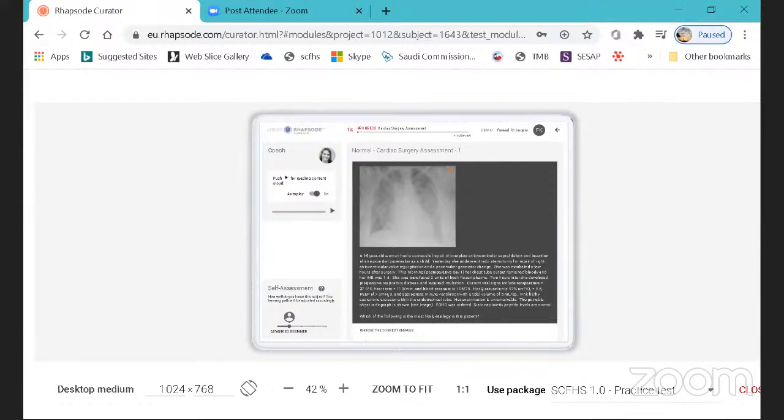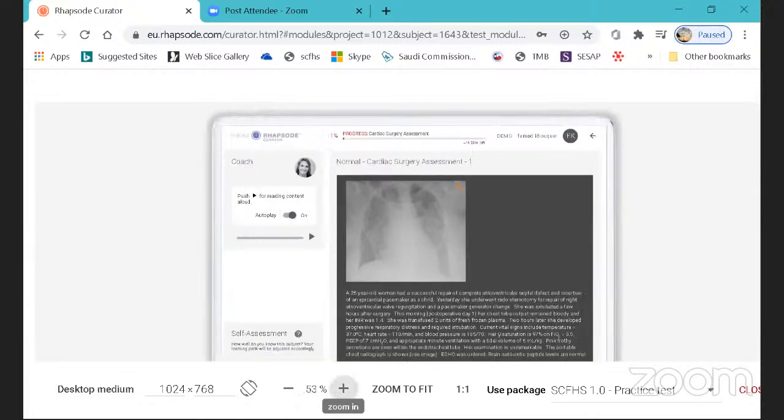To me the screen is too small to see anything here. You either have to use maybe a larger screen, I'm using my tablet, or you may have to use a magnifier. It says here zoom in at the bottom, zoom to fit, or plus. So I'm going to increase it and see what happens.